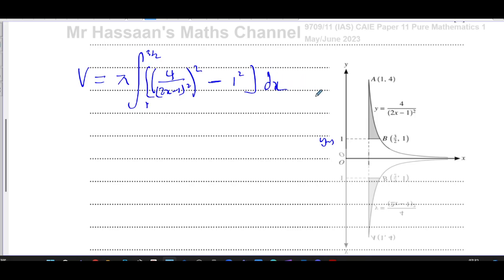That will give us the volume as we rotate it around the x-axis.